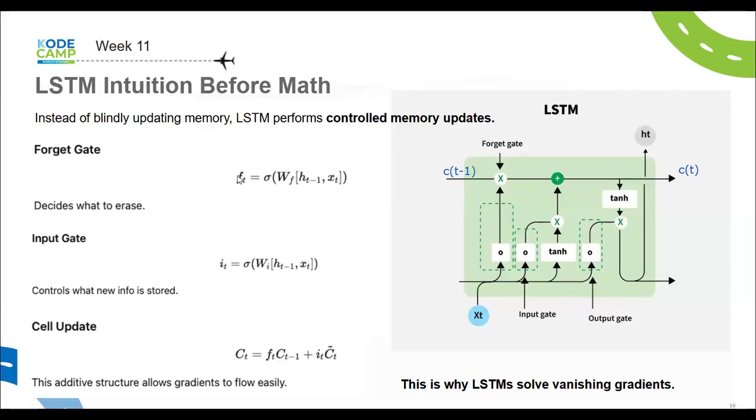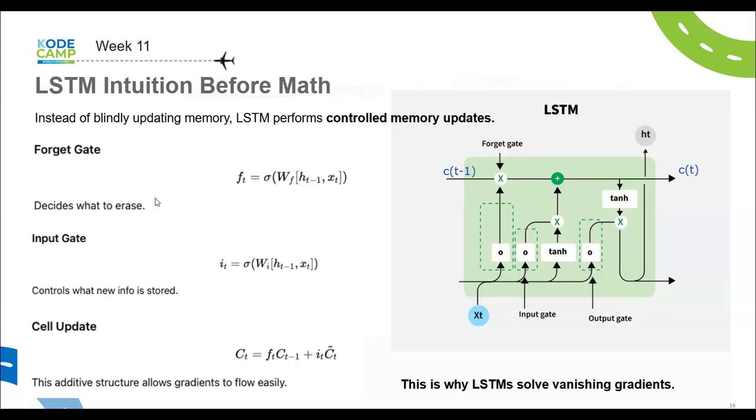So what the forget gate actually does is determine how much of the previous state should be forgotten and left behind. In other words, how much of previous events, previous memories or previous history should be forgotten. That's why it's called a forget gate. So that gives you FT. Basically, it decides what to erase.